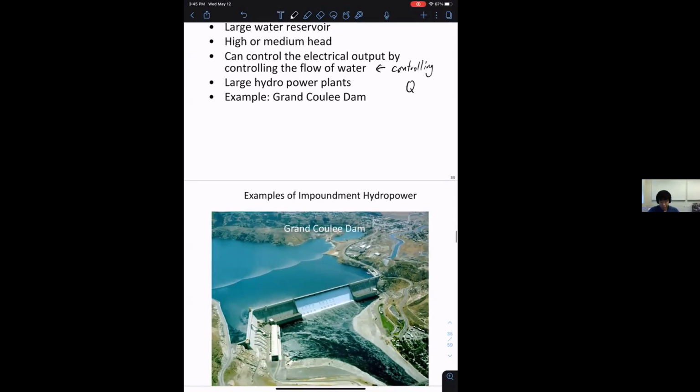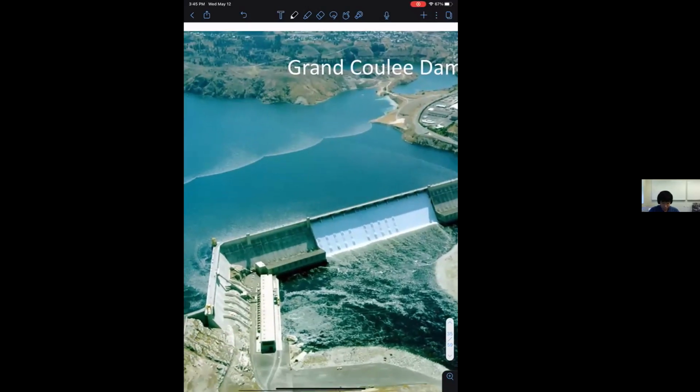So you want to have a look. This is Grand Coulee, where you have a lot of generators and a spillway. If you zoom in, each one of these has a generator, all coming down here. This is the quintessential example of a large hydropower plant, and this is in our state.